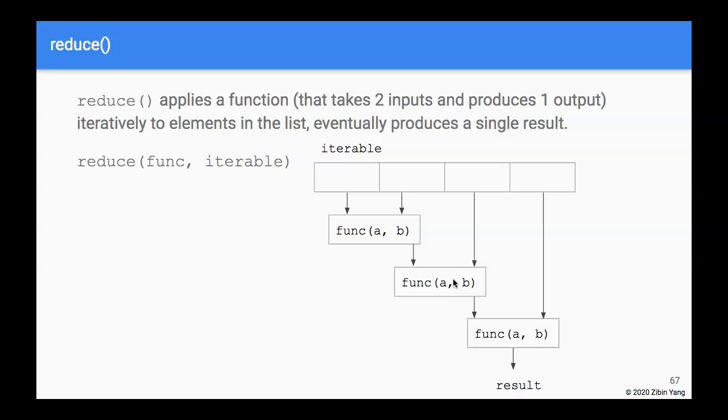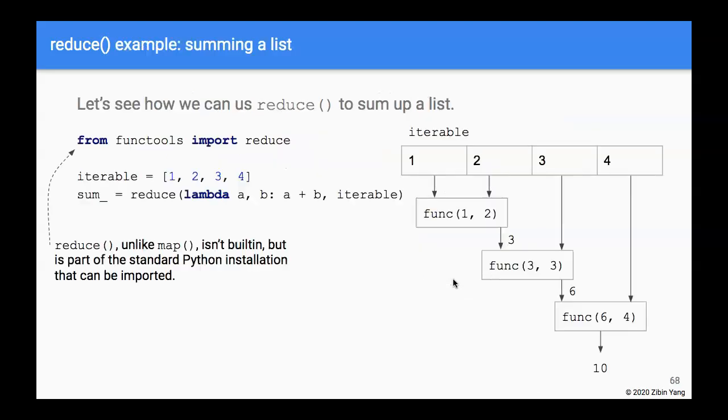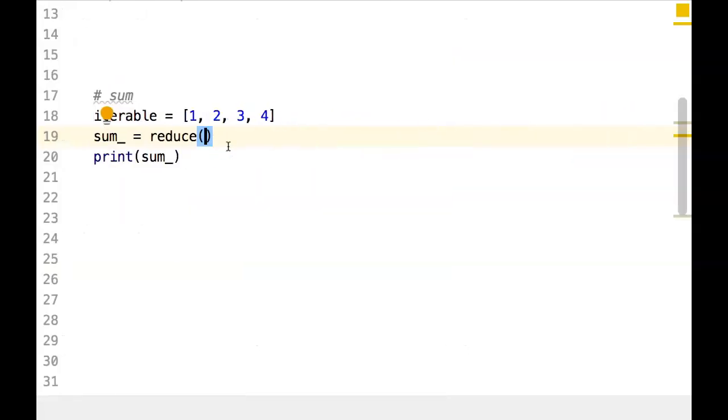Now let's see how we can use the reduce function. The first example we're going to look at is how to use reduce to sum up a list. Let me try to walk you through this. The first parameter to reduce is a function that takes 2 inputs. So I'm going to write a lambda function that takes 2 inputs. Now what we want to do with these 2 inputs, let's say 1 and 2 here, right?